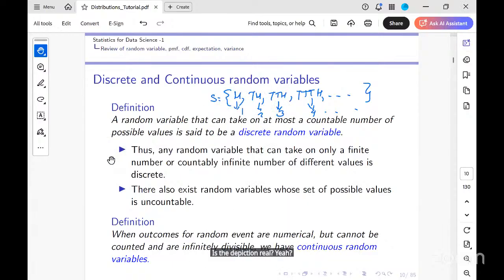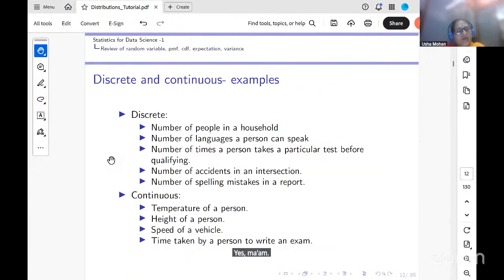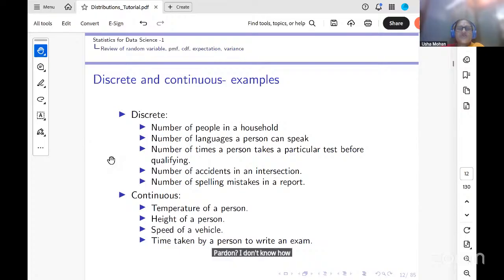Are we going to cover important questions on these topics? I don't know how to answer this question. This is a review of the topics. Whether it is important or not important, you should decide. For me, any topic is important as a teacher.